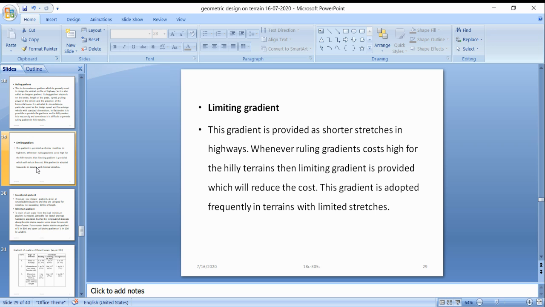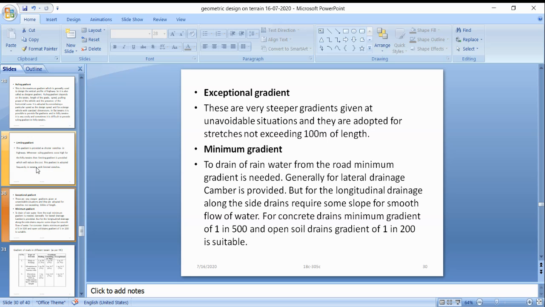There the limiting gradient is provided, which will reduce the cost. This gradient is adopted frequently in terrains with limited stretches. So if you provide it for plain terrain, it will be provided for limited stretches only. But a limiting gradient is generally suitable for hilly terrains. Next comes the exceptional gradient.